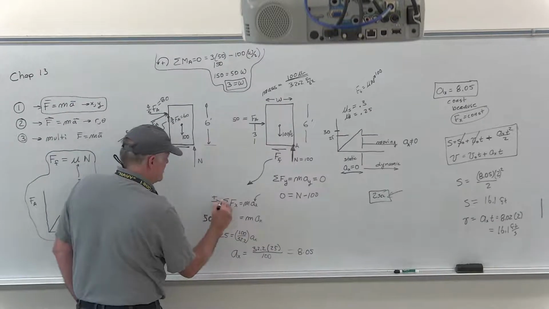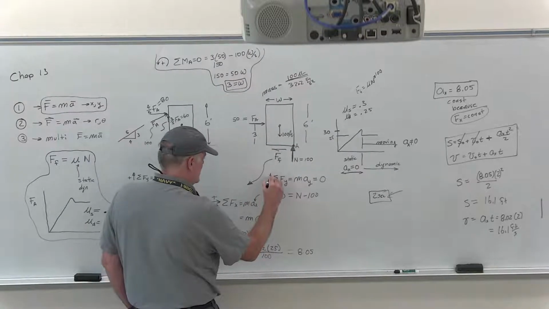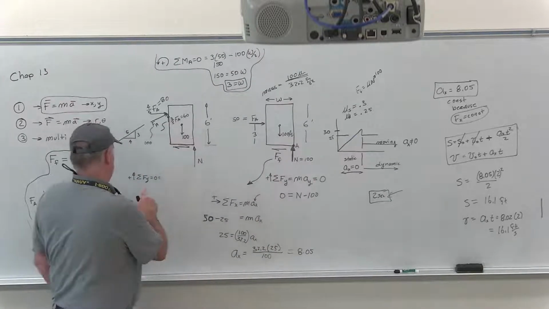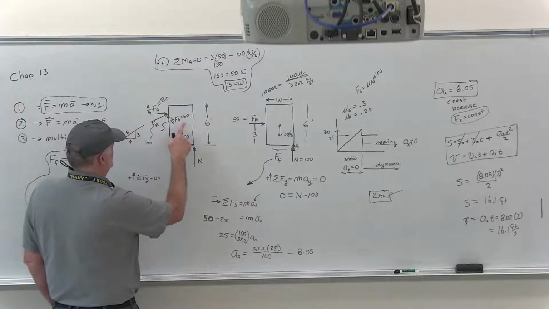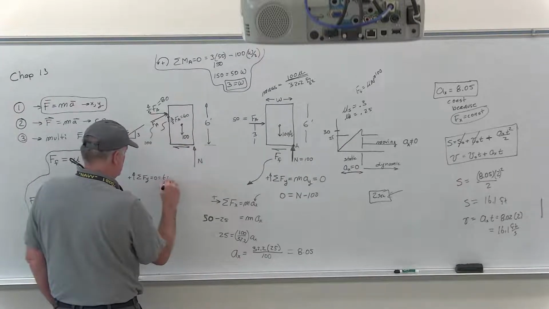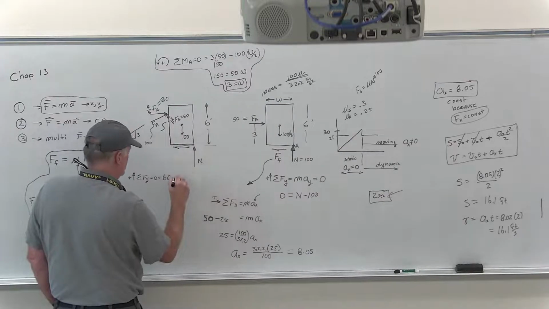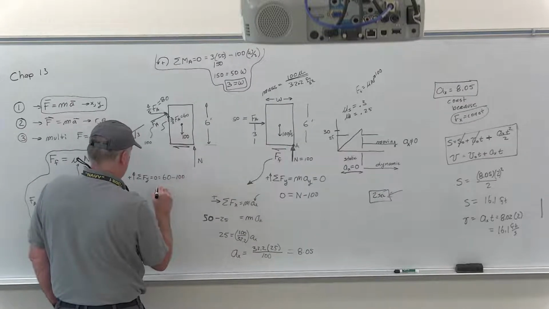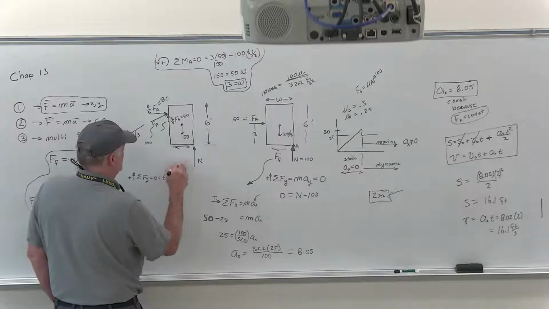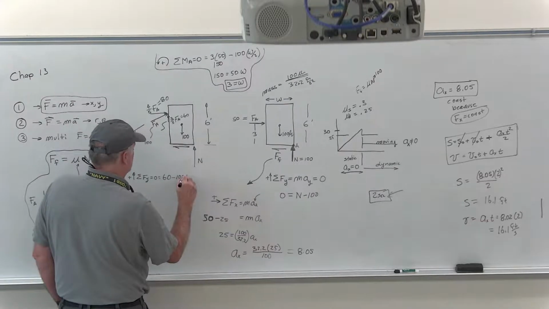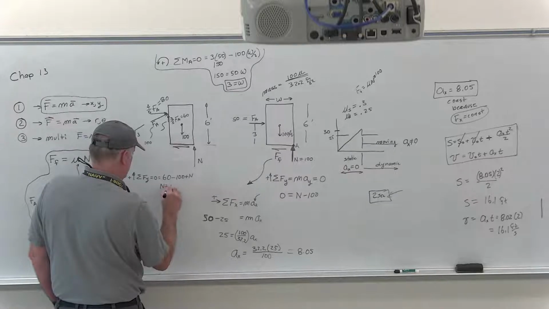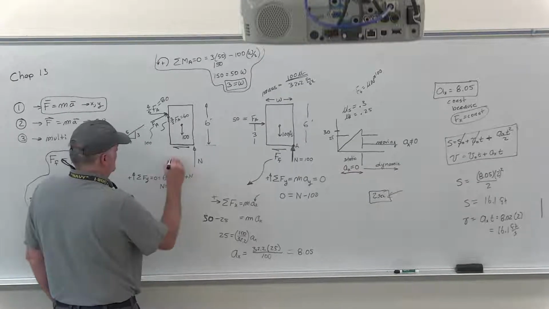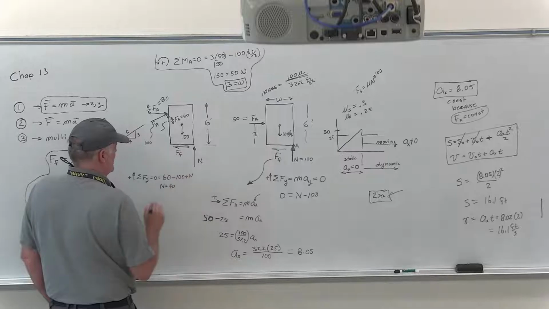So I do the 60 minus the 100, plus my normal. And so my normal, this time, is 40. I didn't put the friction force there.